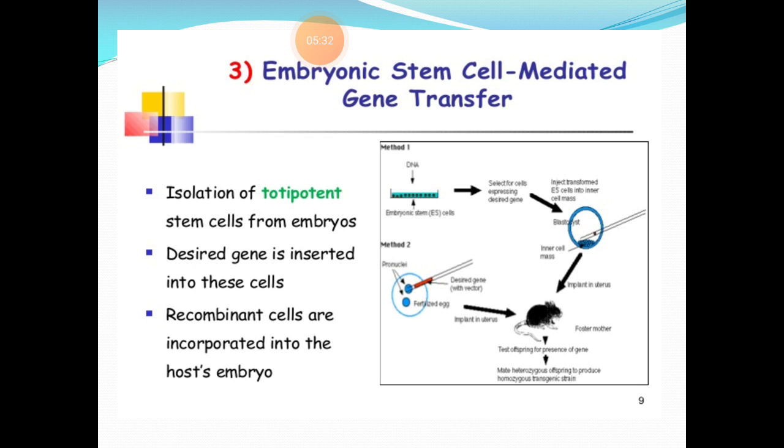So this is another slide which gives you the gist of embryonic stem cell mediated gene transfer. What is done? Isolation of totipotent stem cells from embryos or blastocysts, and into these cells you insert the desired gene, and recombinant cells are incorporated into the host embryo, and that's how the defect is corrected.